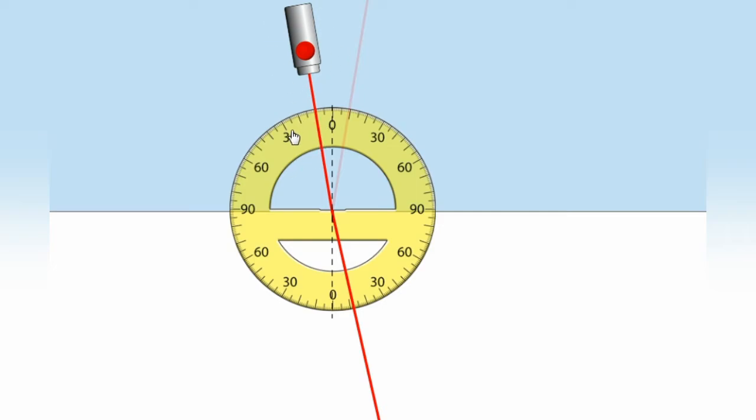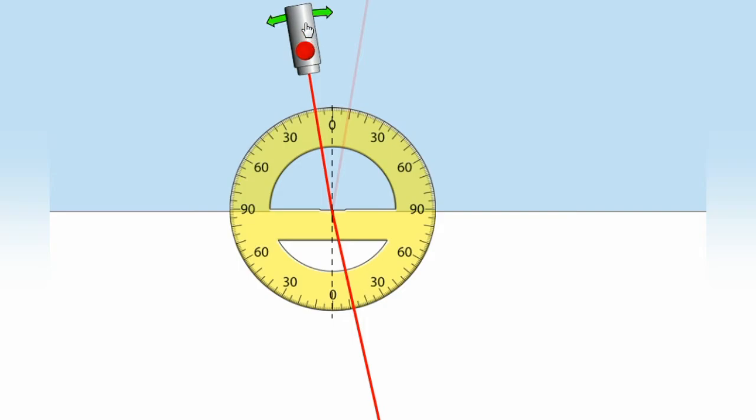This is 20, this is 30 degrees. As the light is incident at 10 degrees, a part of the ray will reflect at the same angle. A part of the light will refract, with an angle greater than the angle of incidence. See, 10 plus something. That is the angle of refraction.